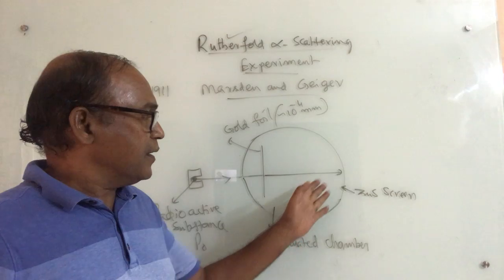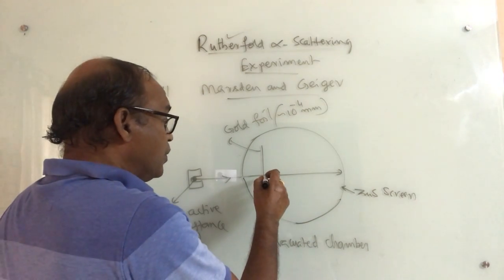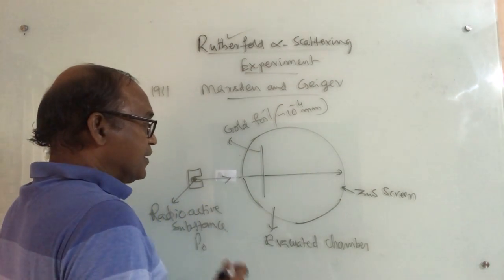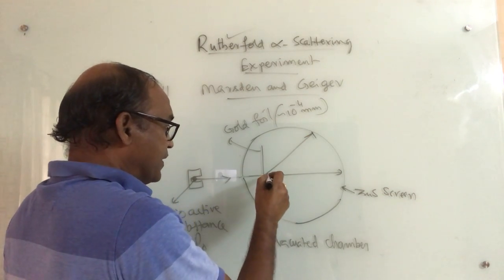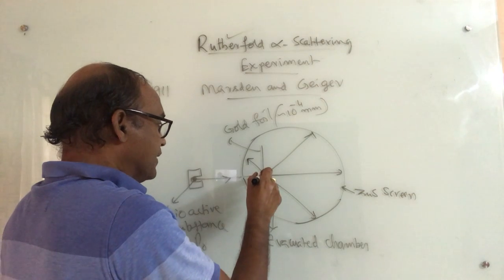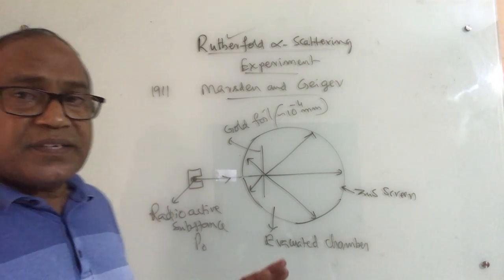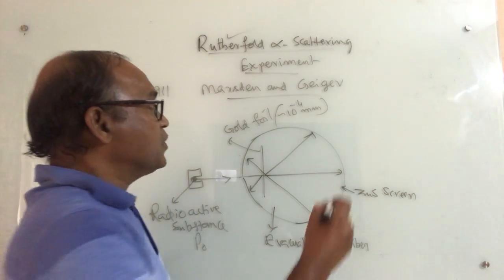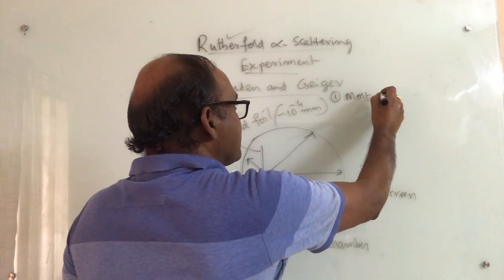That sparking can be noticed on this end, and most of the alpha particles fall on this end without deviating any angle. Some are deviating with greater than 90 degrees, less than 90 degrees. Three distinct observations were made with this experiment.